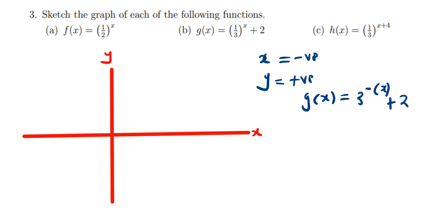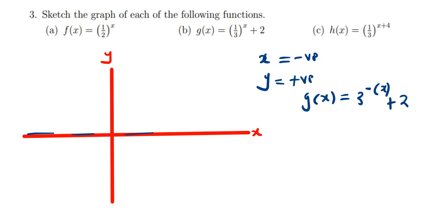And what do we now have? So it means our graph is going to come, but now we have a shift of 2. We also have to consider that initially our horizontal asymptote should be on 0, on y is equal to 0.